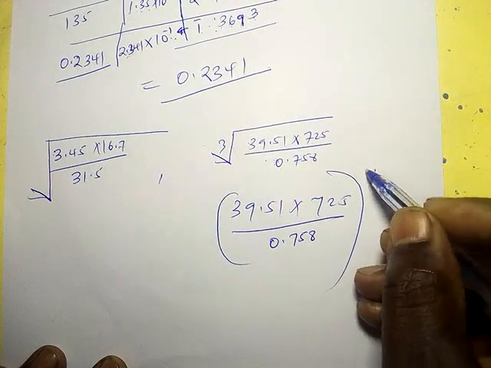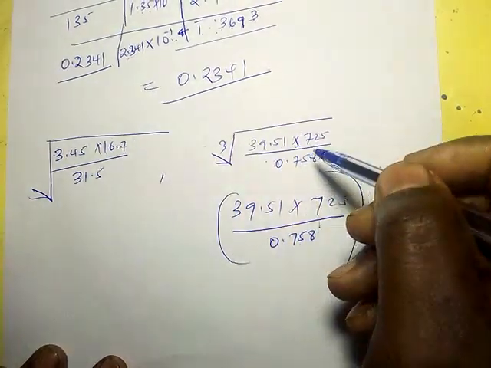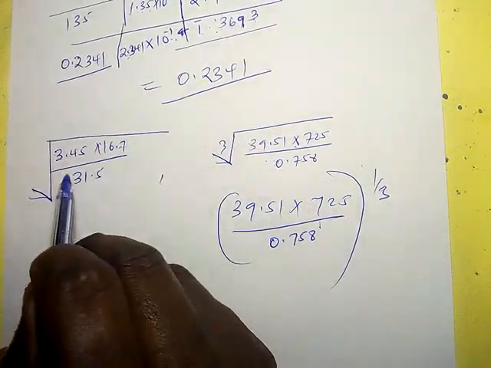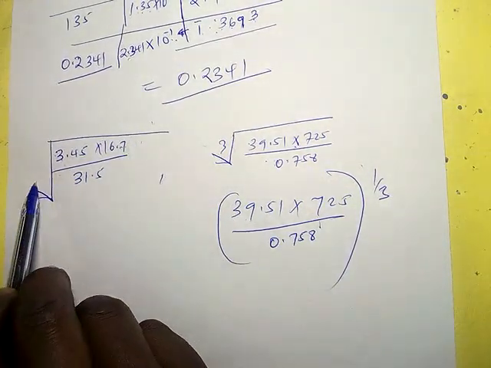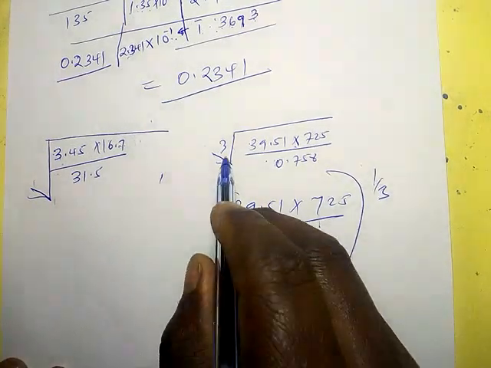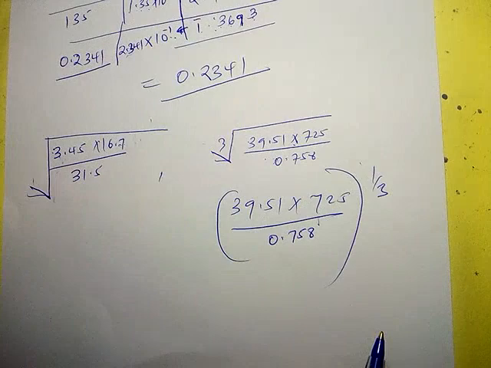So a number raised to power 1 over 3 is the same as the cube root. I talked about that. And this one means this number raised to power a half. A half is the square root of a number. If it is a fourth root, you will find here it is 4. So you should always remember that.